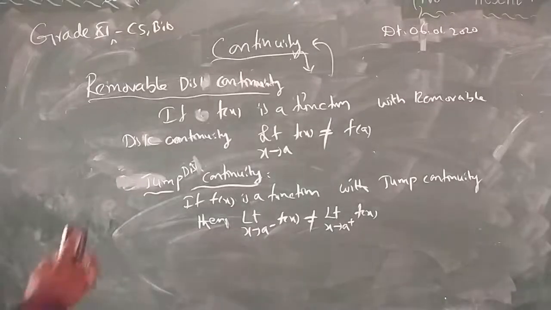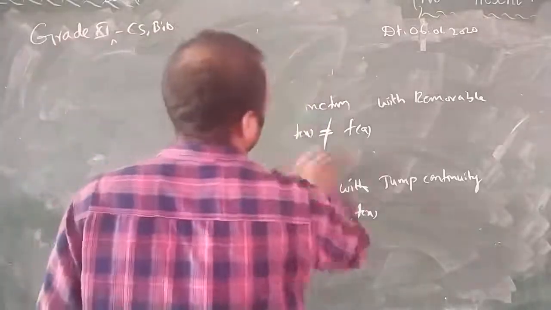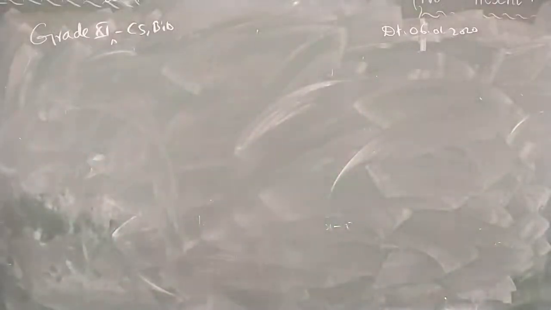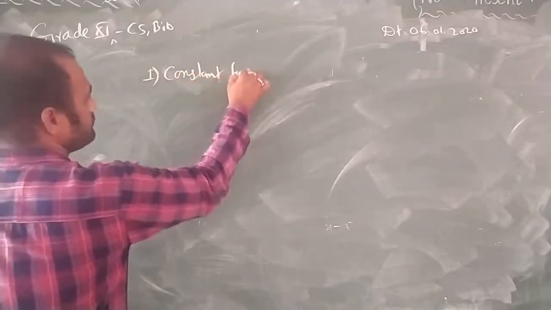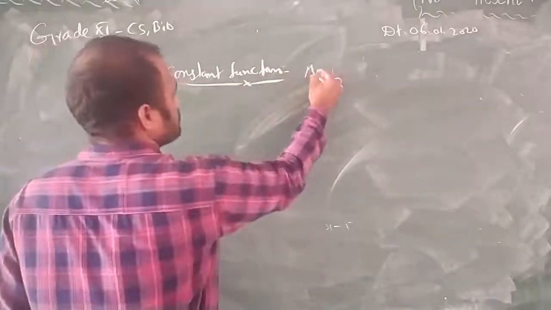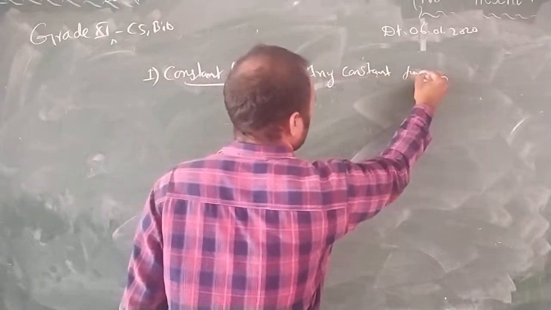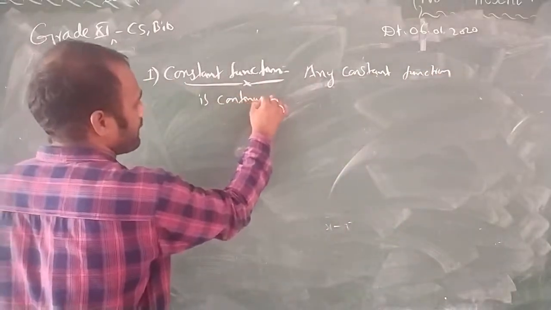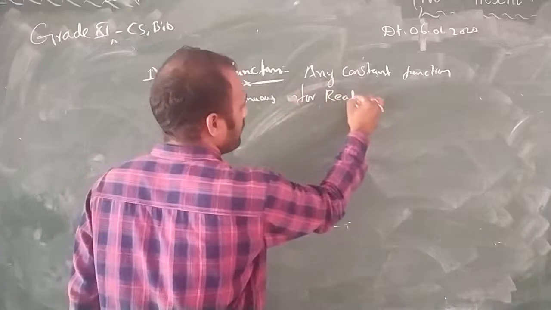Now we will see some algebraic terms. The first one is constant function. Any constant function is continuous for all real values.